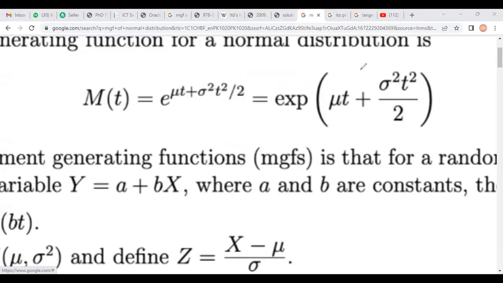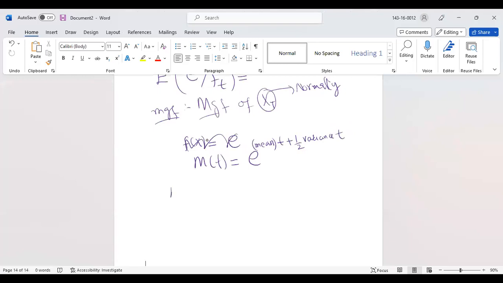Now let's come back to this over here. We will write our moment generating function M of t equal to e to the, what was the mean of our random variable?